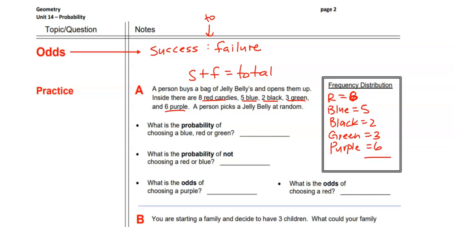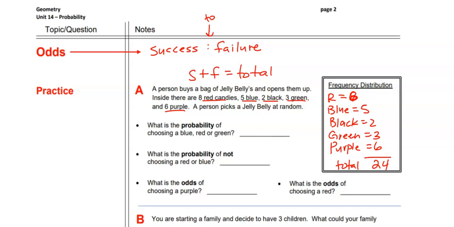Okay, and that's helpful just for organizing our work, so we don't have to keep reading through the whole word problem each time, and also so we can find the total number of outcomes. So if we add all those together, 6 and 3 is 9, 10, 11, plus 5 is 16, plus 8 is 24. So we have 24 total outcomes.